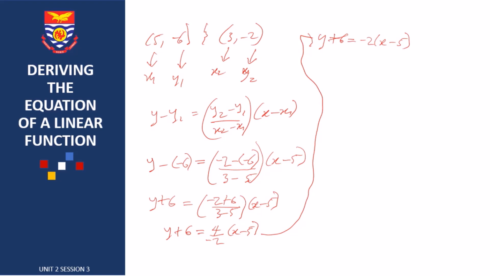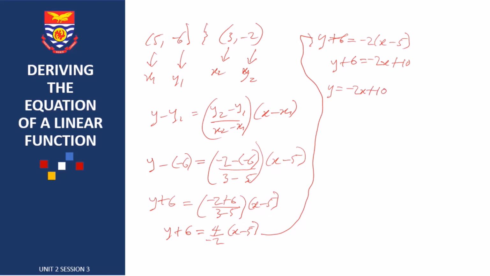Then I can easily expand. When I expand this part, I'll get minus 2x, and minus 2 times minus 5 gives positive 10. So I'll get y plus 6 equal to minus 2x plus 10. I want to make y the subject, so y will be equal to minus 2x plus 10.